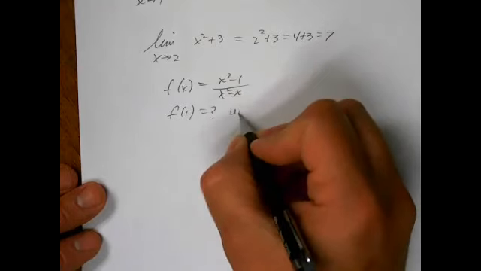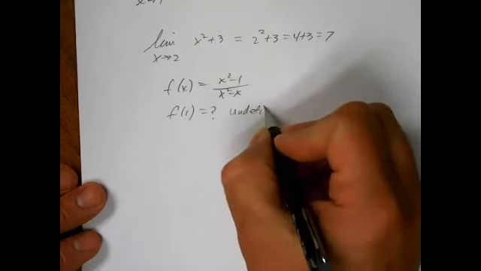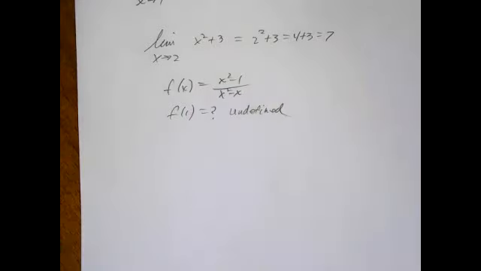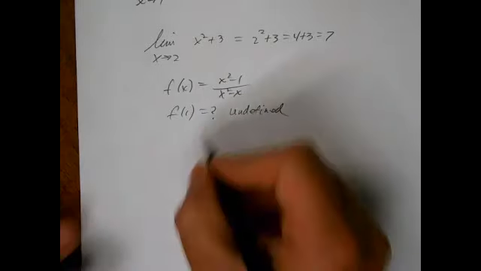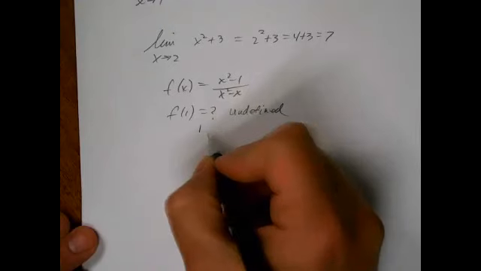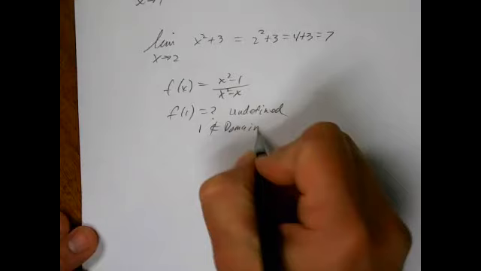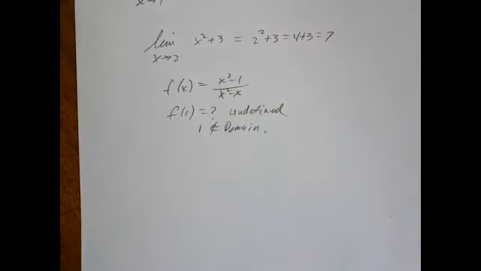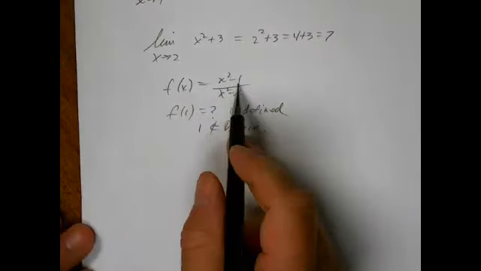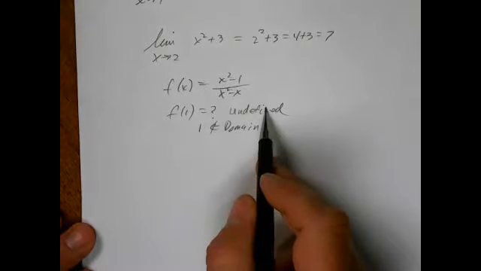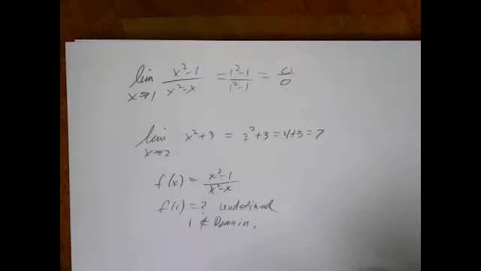The function is undefined at that value. 1 is not in the domain. And 1 is not an element of the domain of that function. But again, we're not looking at a function looking to evaluate it. We're looking at a limit.